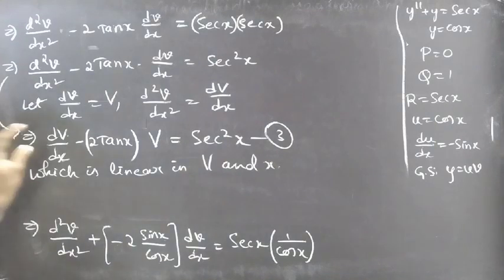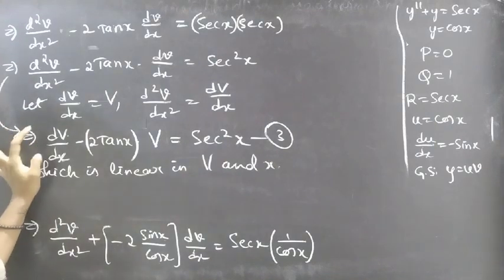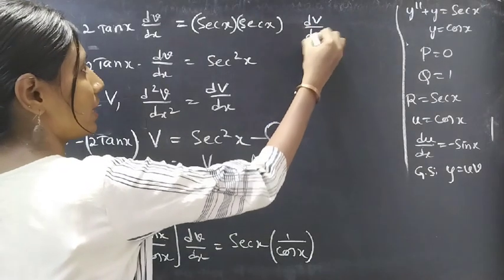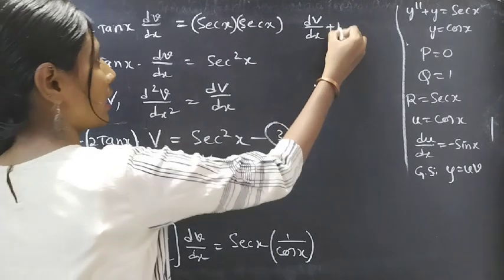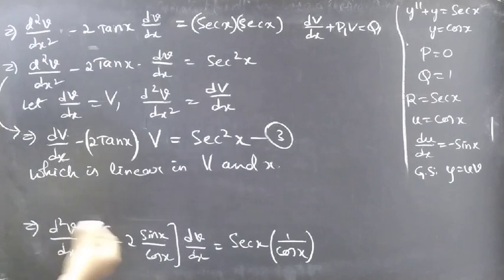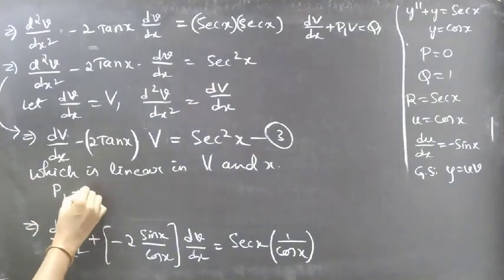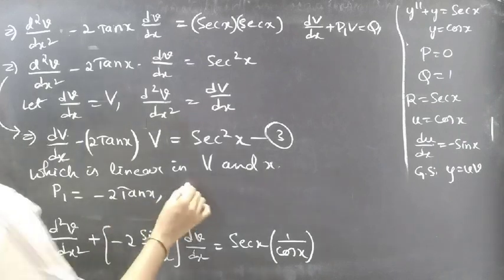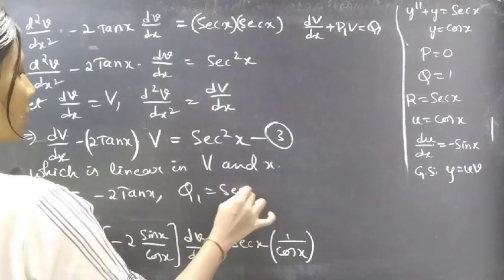Let's now find the solution of this equation. Now compare this equation with the standard form of a linear differential equation in V and x, dV by dx plus p1 V equal to q1. By comparing these two, we'll get p1 equal to minus 2 tan x and q1 equal to secant square x.